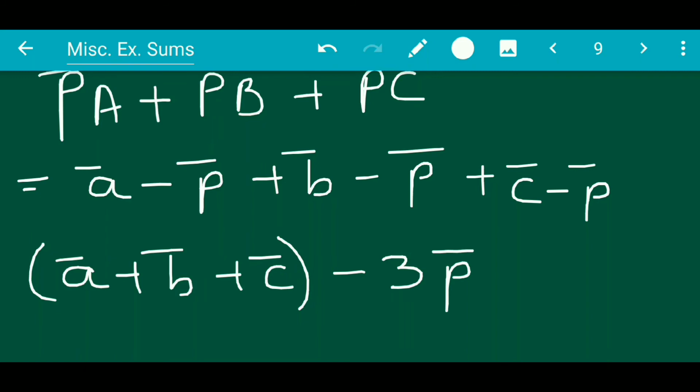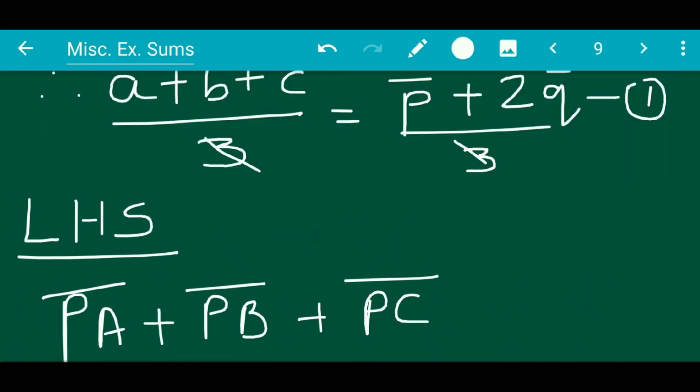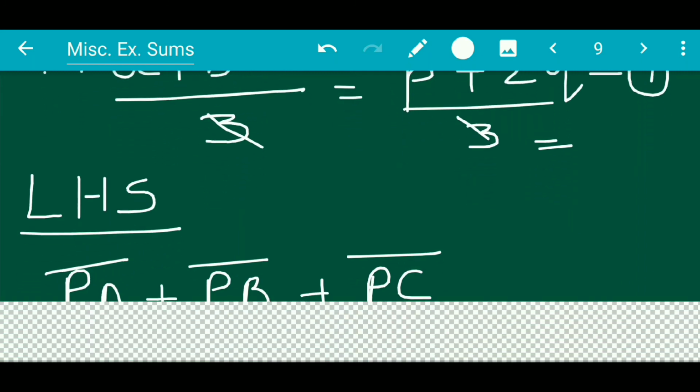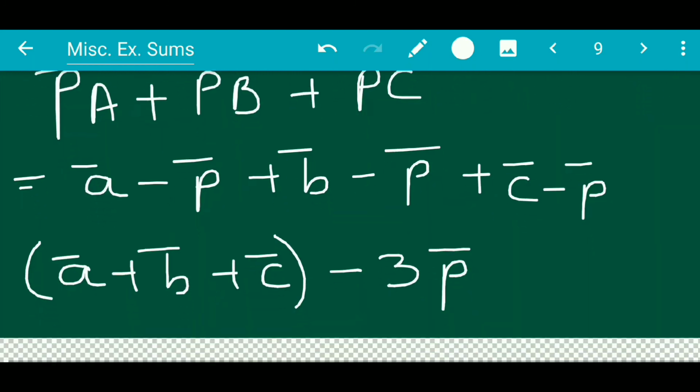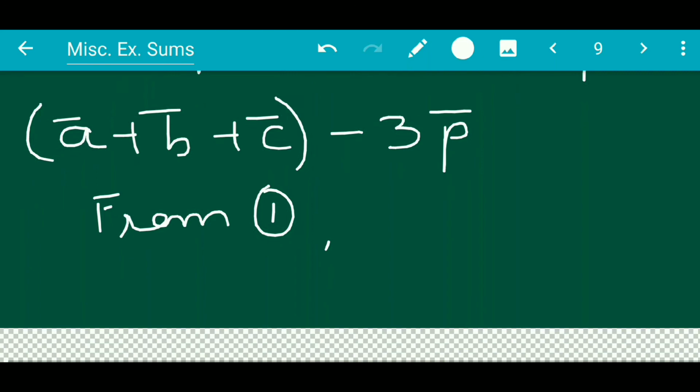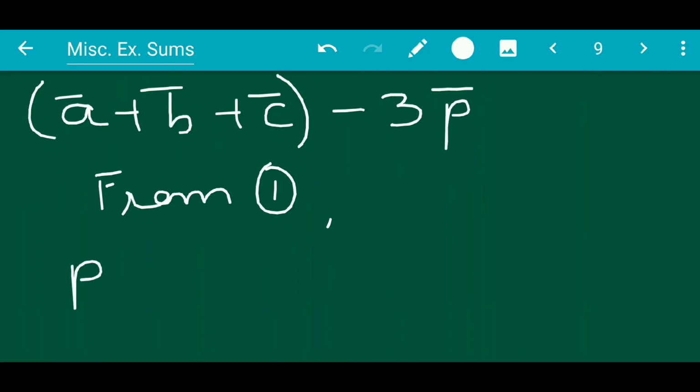Now in statement 1, just now we had got that A bar plus B bar plus C bar is equal to P bar plus 2 Q bar. So we substitute it over here. So from 1, instead of A plus B plus C, we write P bar plus 2Q bar minus 3P bar.